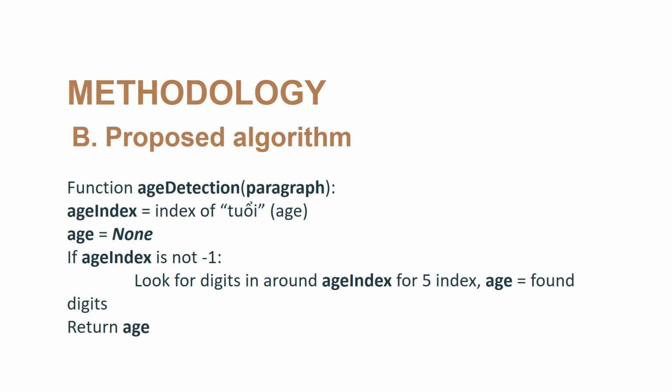If the value is not -1, then age exists in the report. The age variable is initialized at none. After detecting that age occurred, the age can be found before or after the word age, within 5 indexes. If the age cannot be found, then the program will return none.